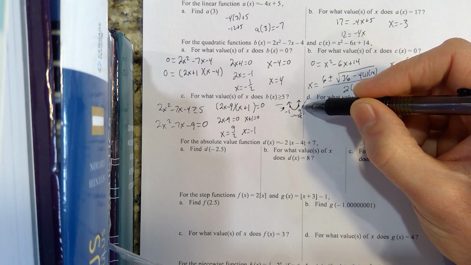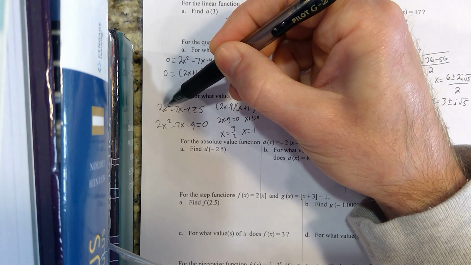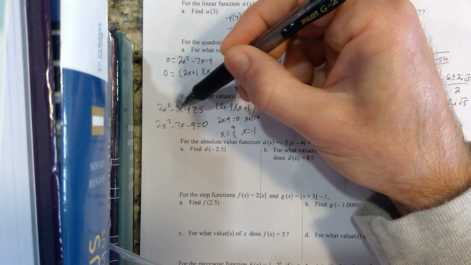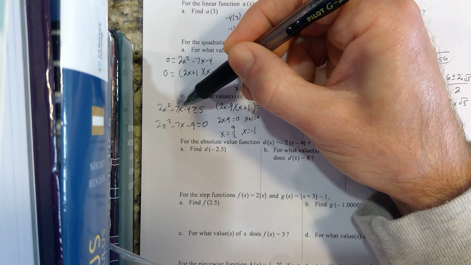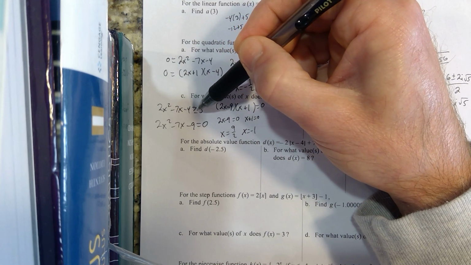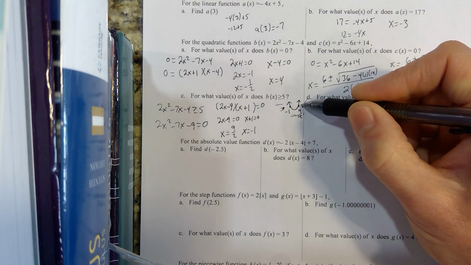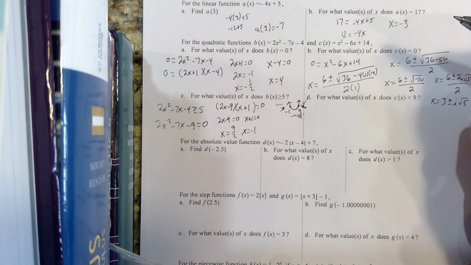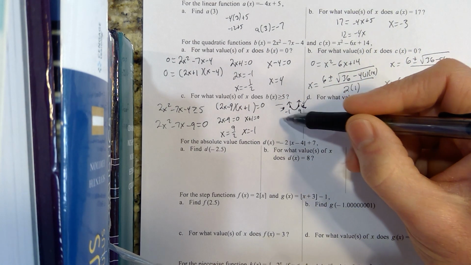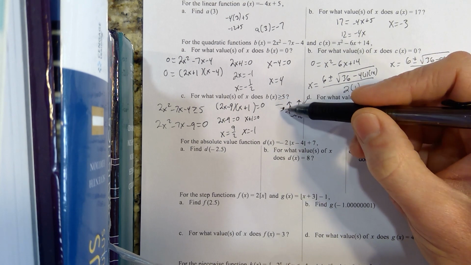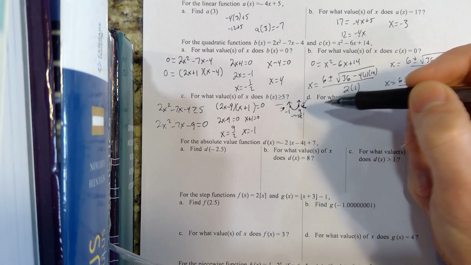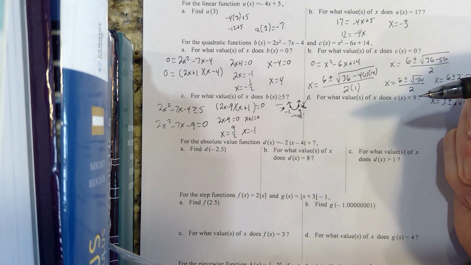So a value like 5, for example. 2 times 5 squared is 50. Minus 35 is 15. 15 minus 4 is 11. And sure enough, 11 is greater than 5. So values over here also work. So I know that my solutions are outside of the parabola. In other words, they're below negative 1 for x and above 9/2 for x.